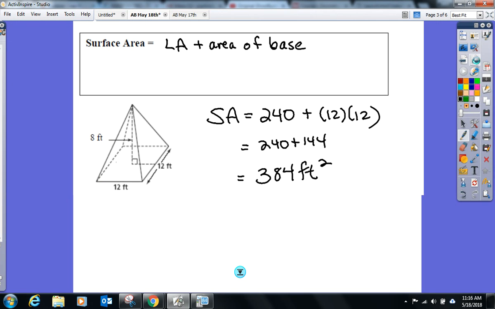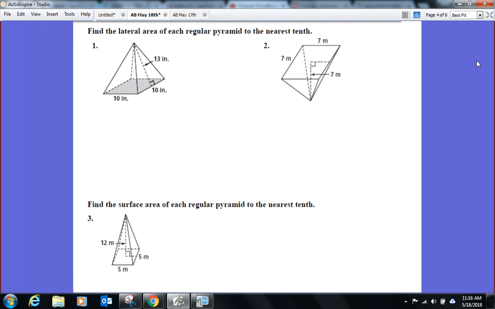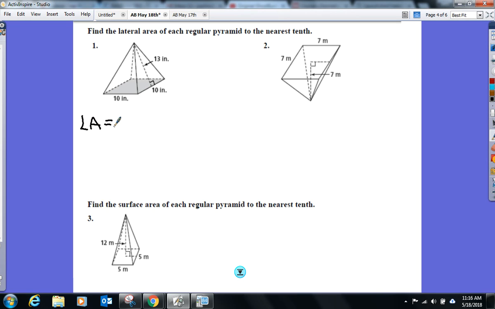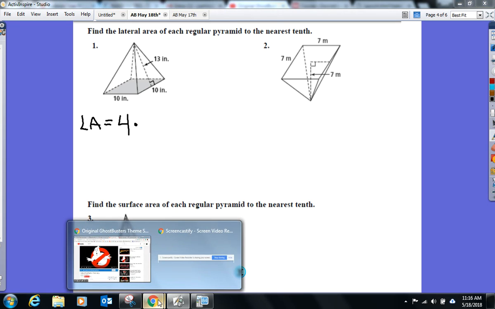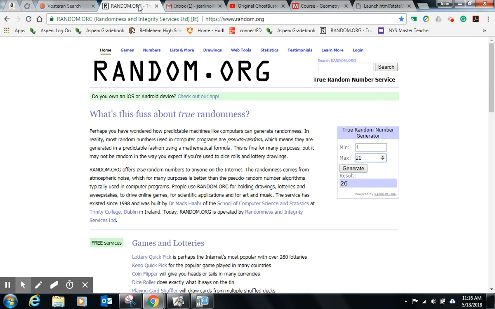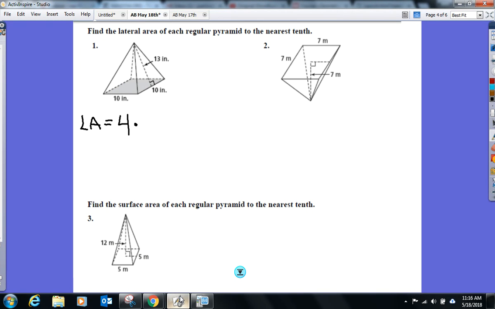All right. What do we got next? Find the lateral area. Perfect. All right, lateral area. I know it's a pyramid, so take off the base. You have 4 triangles right now, times 1/2 base times height. You're welcome, by the way, on this one. Base and height up here? 10 and 13.